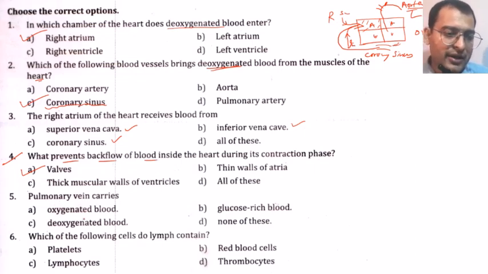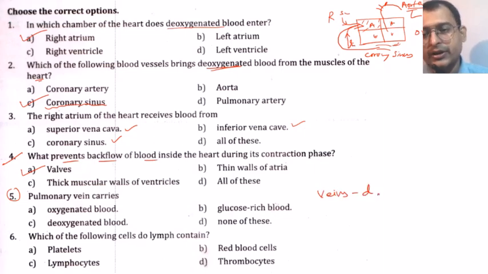Pulmonary veins carry oxygenated blood, glucose rich blood, deoxygenated blood, or none of these? So what do the pulmonary veins carry? Veins, you know, usually carry deoxygenated blood. But the pulmonary veins will do the opposite.